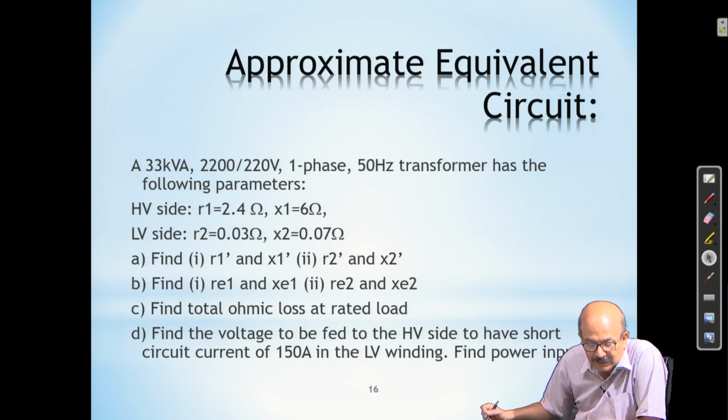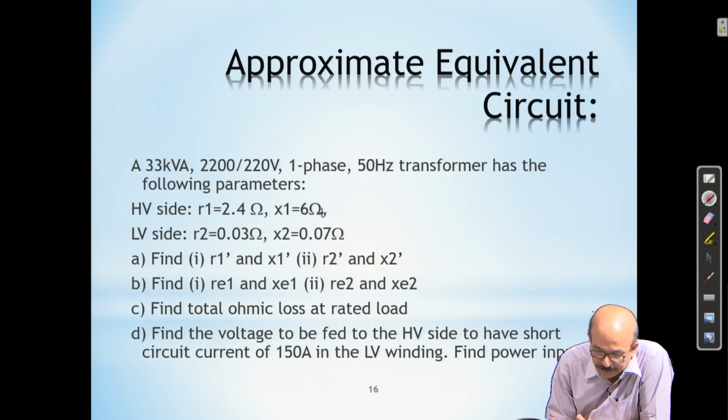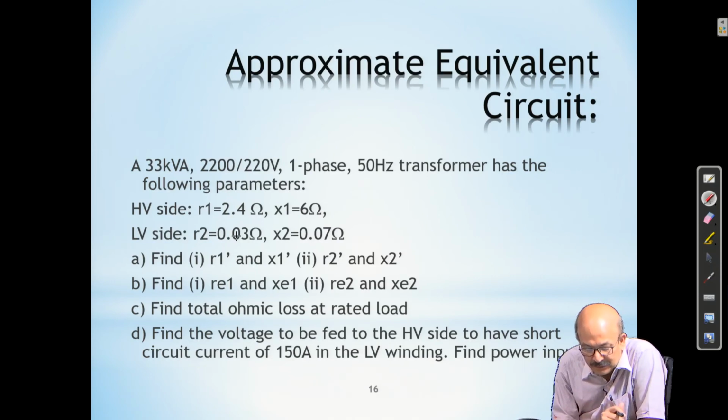High voltage side: 2.4 ohm, 6 ohm. Low voltage side: the resistance is far less, the reactance is far less. Find R1 dash. When you put dash, that means you are referring to the other side. R1 dash is R1 referred to the 2 side.